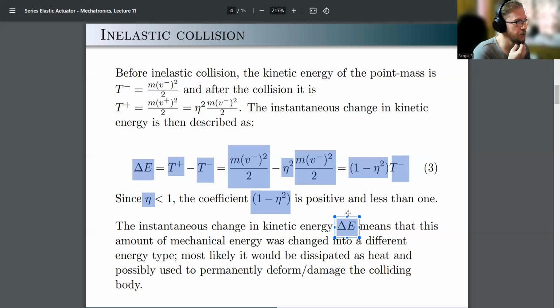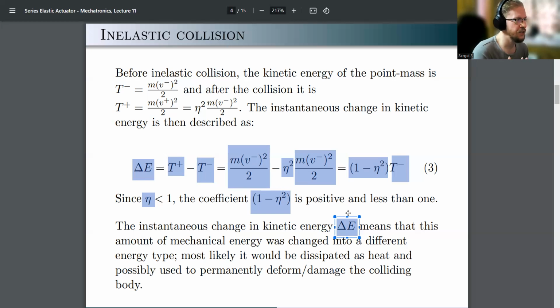And you can imagine quite a lot of possible versions of the same thing, right? Energy being transferred into damage. Something can be broken. If you collide metal with plastic, it can develop a crack. If you collide with glass, it can shatter.